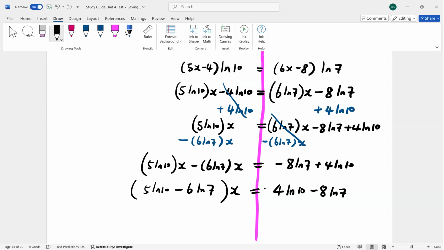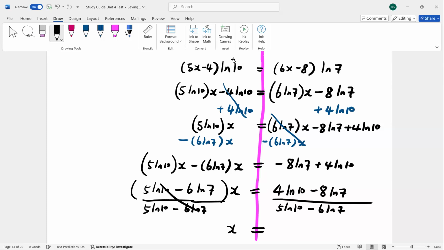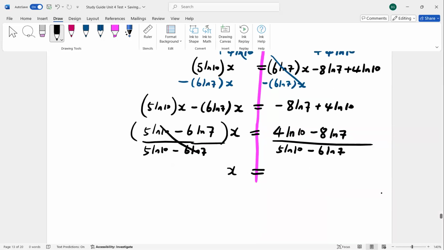Okay, and then we're going to divide each side by 5 ln 10 minus 6 ln 7. They cancel. So we have x equals 4 ln 10 minus 8 ln 7 all over 5 ln 10 minus 6 ln 7.